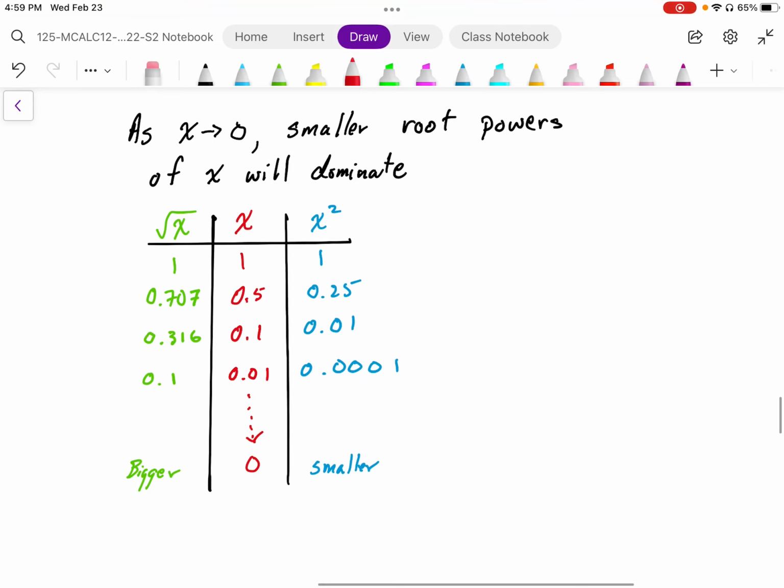As we go to 0, this difference gets bigger. The root numbers close to 0 are much bigger than the powers of x squared near 0. So root x near 0 is much bigger than x squared near 0.